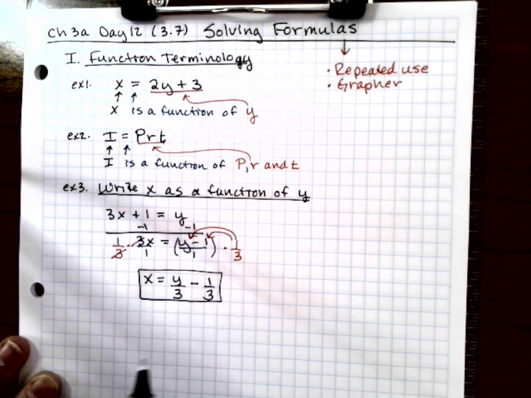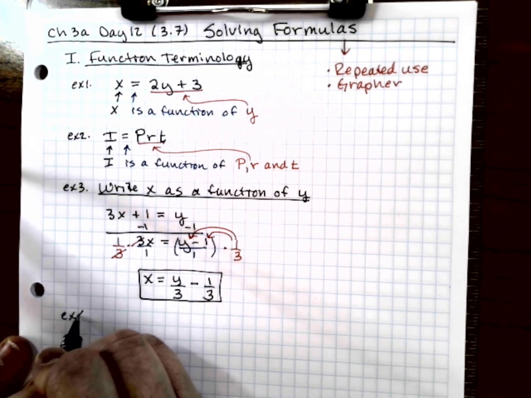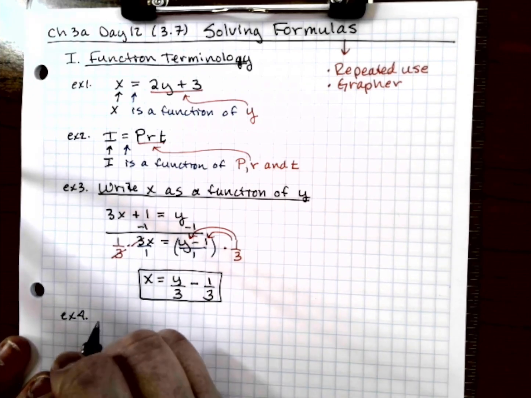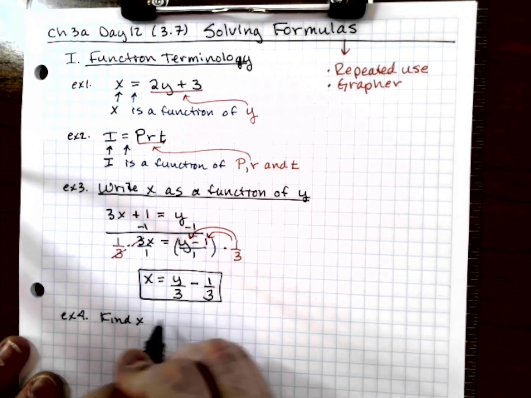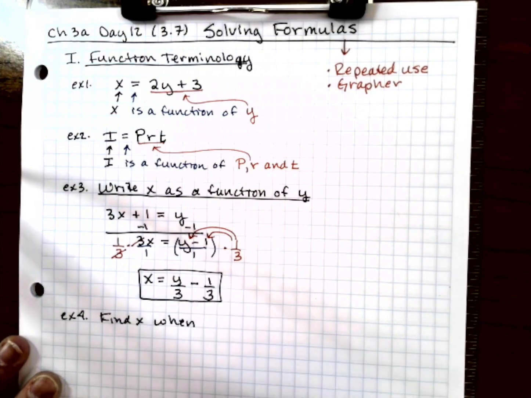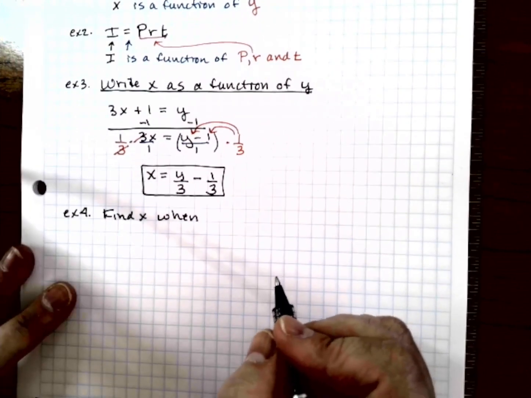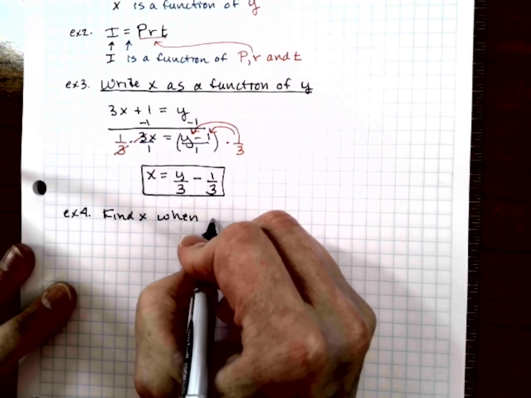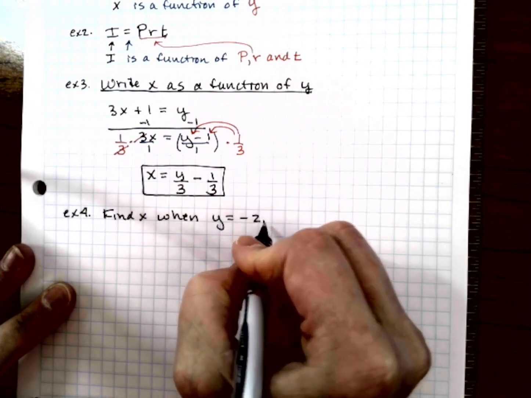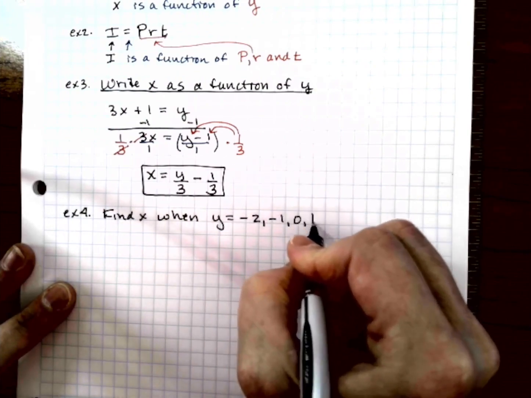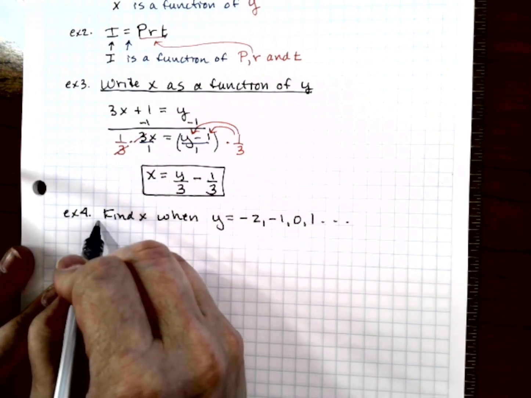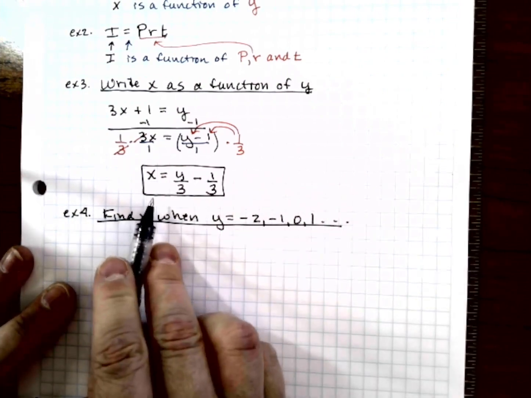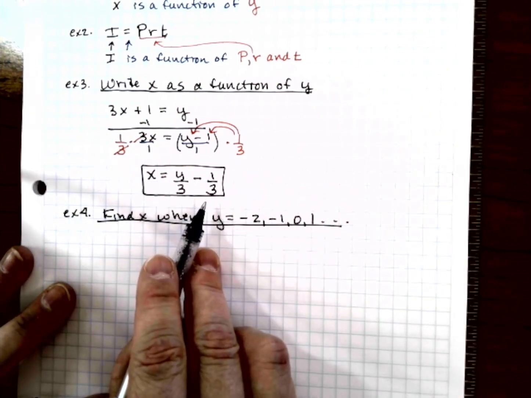That would be new. Okay, so then the second thing they're going to ask you to do is once you have a formula, they're going to say something like find x when, and then they're going to give you different values of y, like y equals -2, -1, 0. They'll give you like a list. So what you're going to do is now that you've solved for x, this is pretty easy.